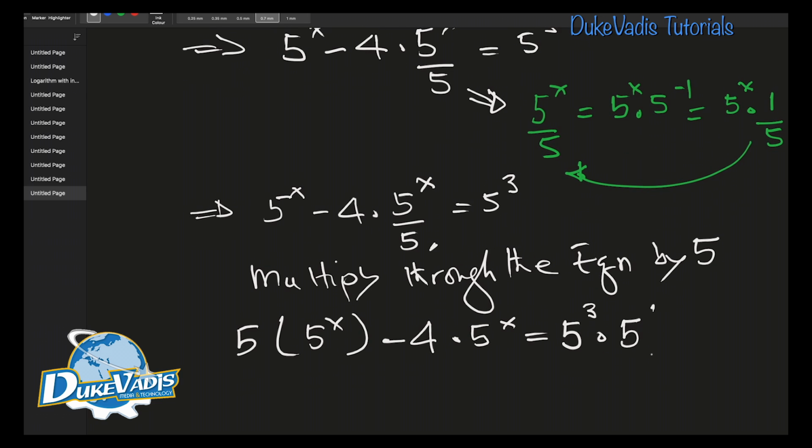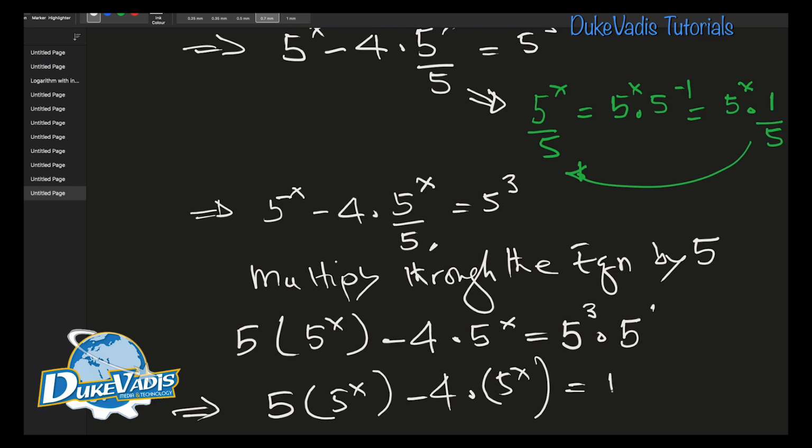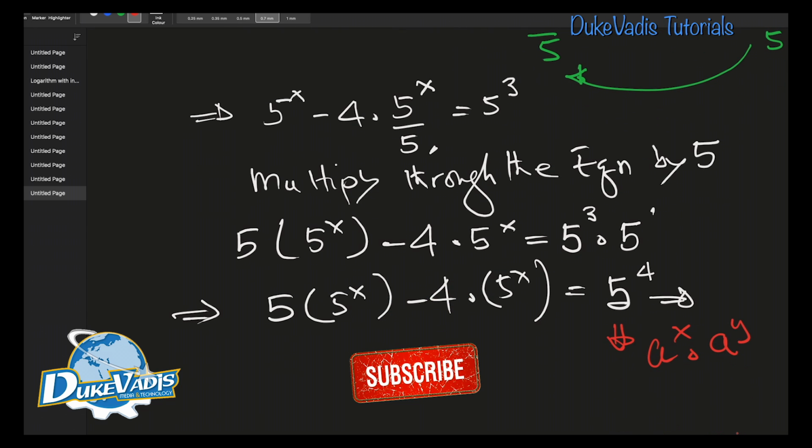If we simplify this, we are going to get 5 to the power x minus 4 dot 5 raised to the power x, and the right side will give us 5 raised to the power 4. Why? Because we know a times a is given as a to the power x plus y.